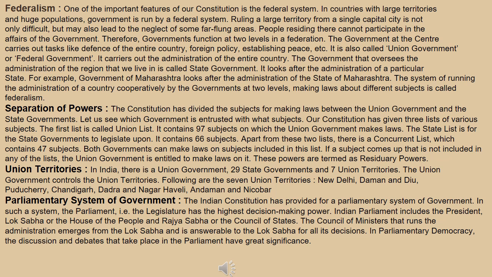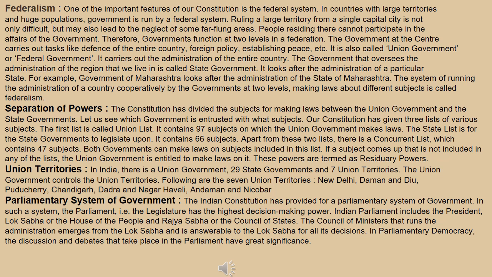It looks after the administration of a particular state. For example, Government of Maharashtra looks after the administration of the state of Maharashtra. The system of running the administration of a country cooperatively by the governments at two levels, making laws about different subjects, is called federalism.